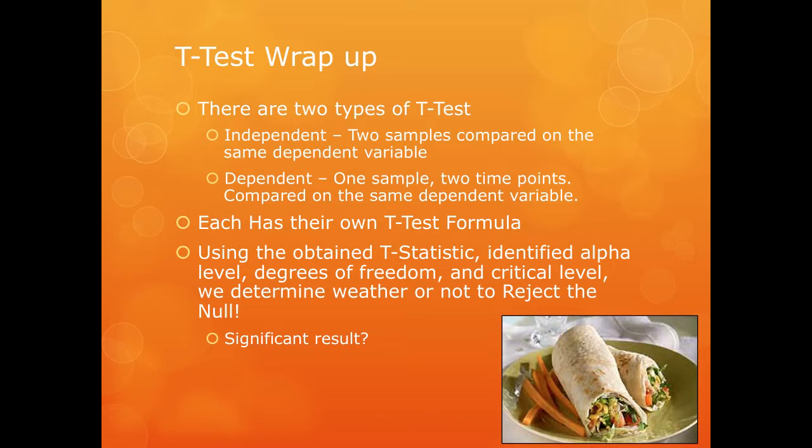Once again, the majority of the time, it's going to be you comparing people over two different time intervals. So it's going to be before a treatment, then you provide them with an intervention, and then after the treatment, and you want to see if there's a difference before and after the treatment. So that is that.